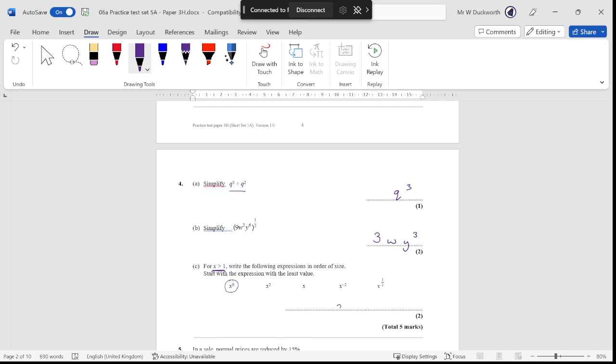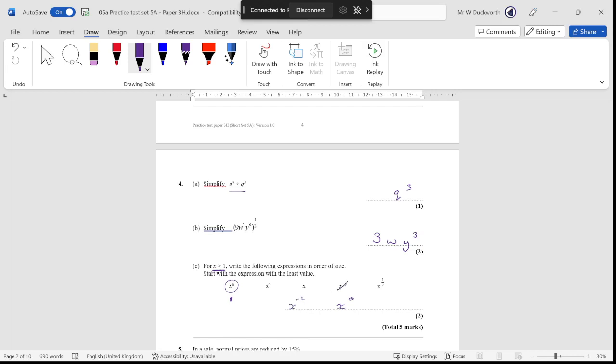So if I put that one in the middle for now, that would have a value of 1. Then I'd just compare it to the number 1. The smallest value here is going to be x to the minus 2, because that would become 1 over the value squared. So that would be my smallest value.